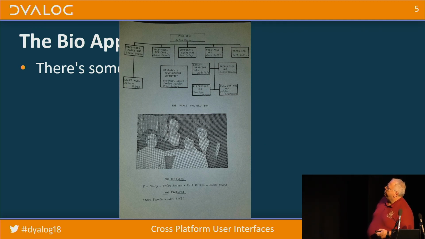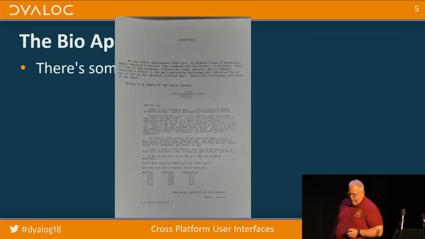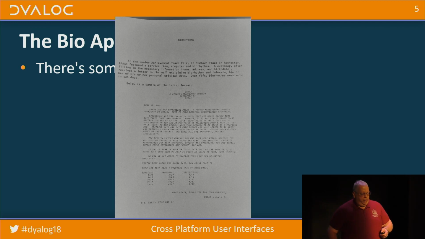That's kind of a bad picture, but I was the president of the company, and yep, that's me. This was at a trade show at Midtown Plaza. We collected people's names, phone numbers, and dates of birth, and we sold over 50 biorhythms.